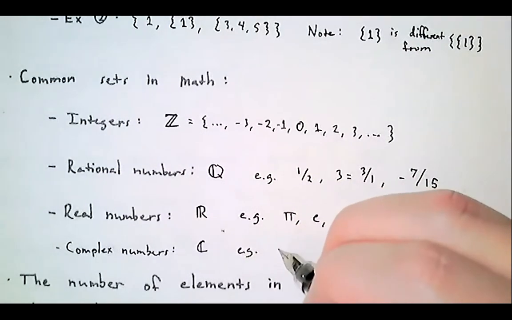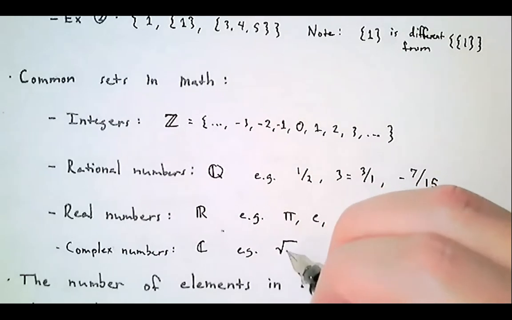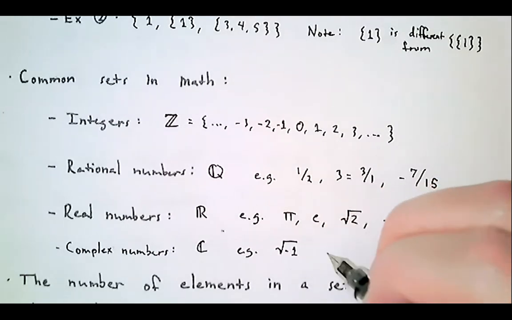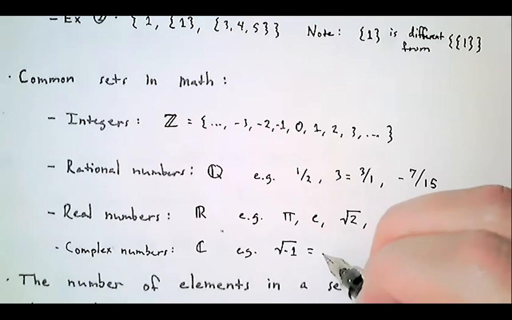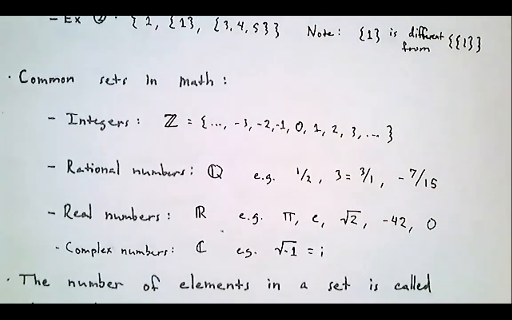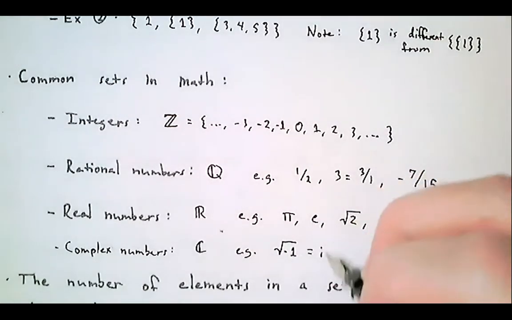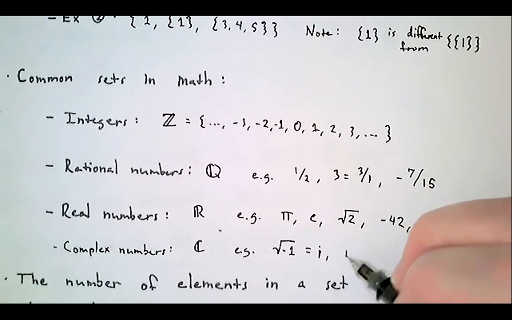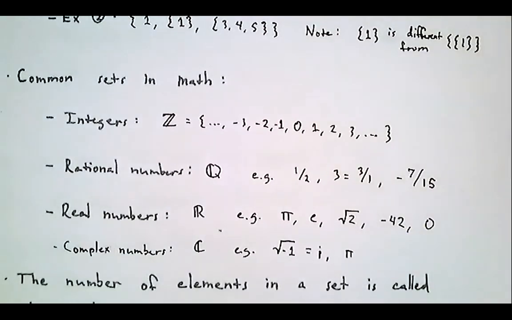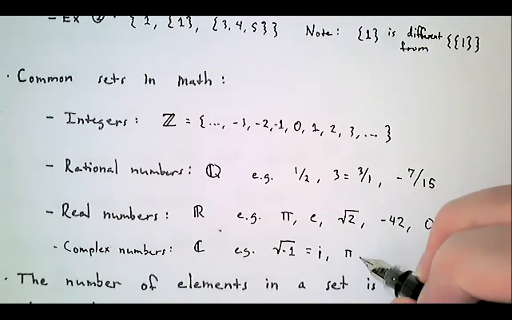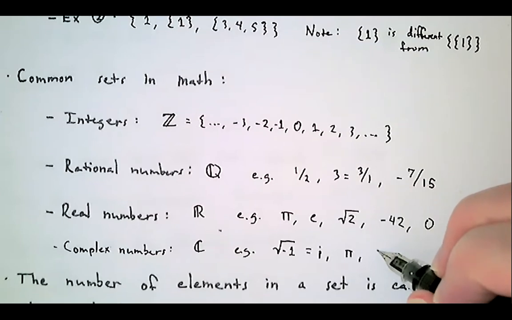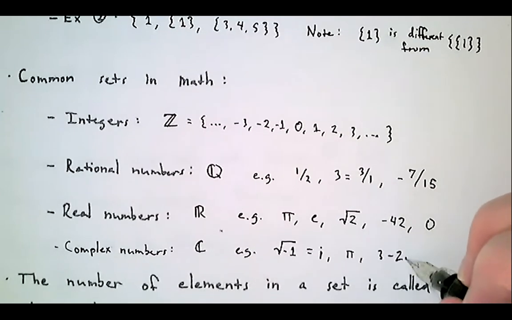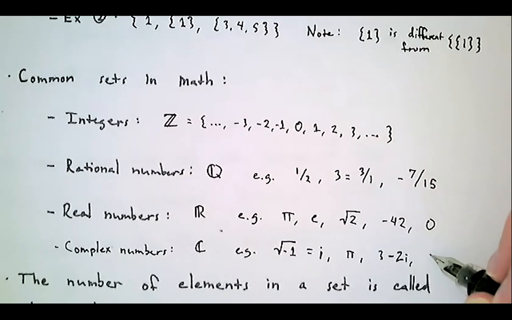And the complex numbers include the square root of -1, which is better known in most circumstances as the number i. And it also includes all of these other numbers. So any real number is in here. You can have 3 minus 2i. You could have 5 halves.